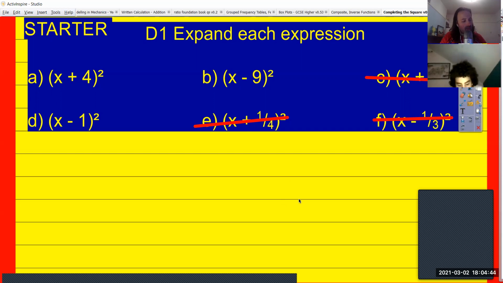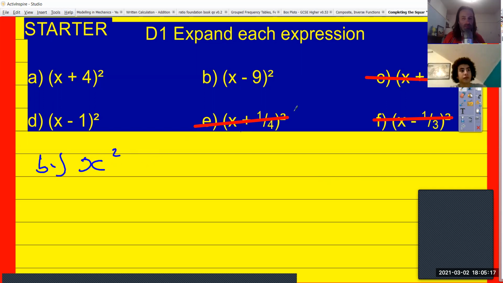Okay, so starter, let's try these. Let's try B as the starter. We have x minus 9 squared, which is x squared minus 18x plus 81.